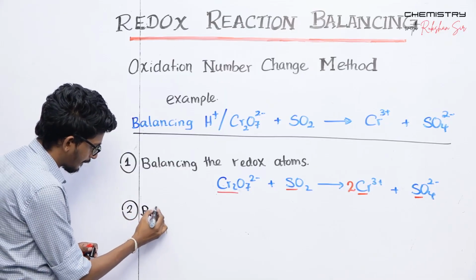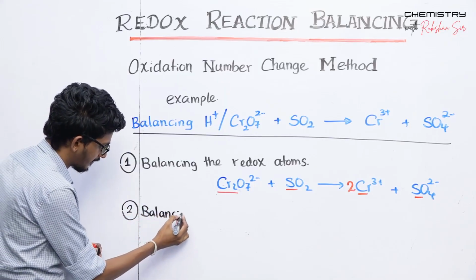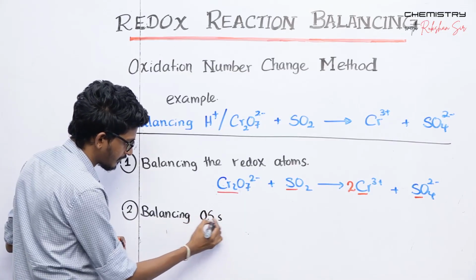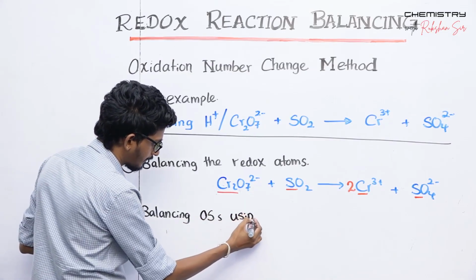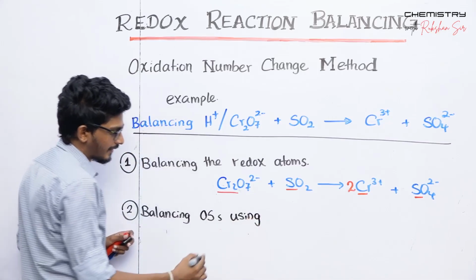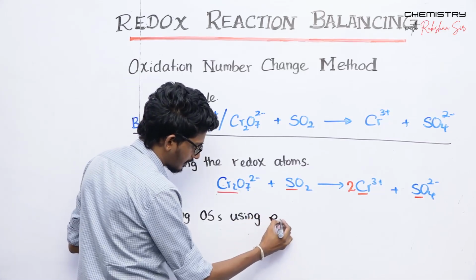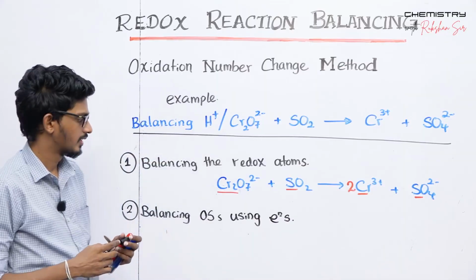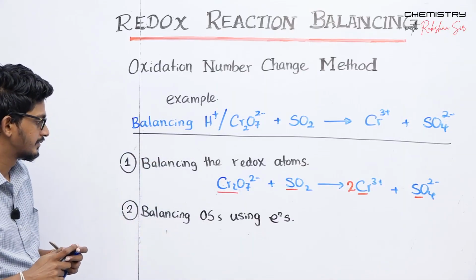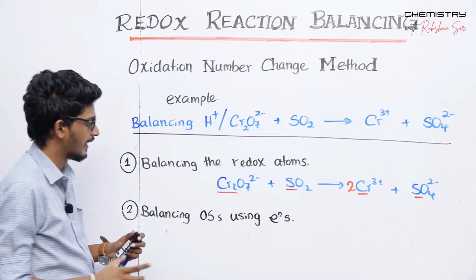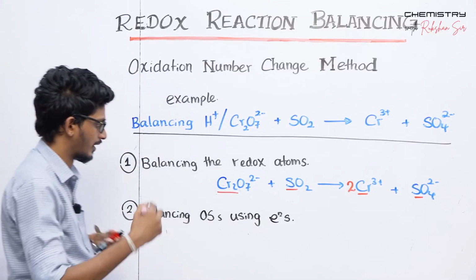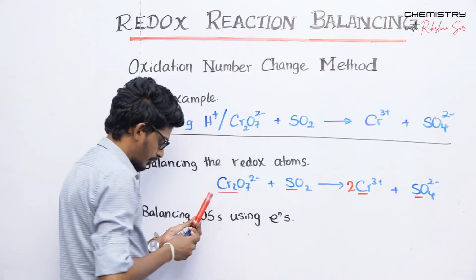Number two is balancing the oxidation states using electrons. This is the next step. See how to do that. For this, we use the least common multiple.